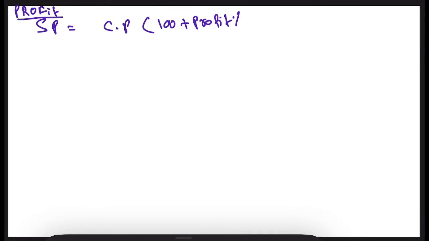Similarly, suppose we know the profit and loss formulas. To calculate the selling price of a thing, what you do? Cost price into, in case of profit, SP equals CP into 100 plus profit percent upon 100.